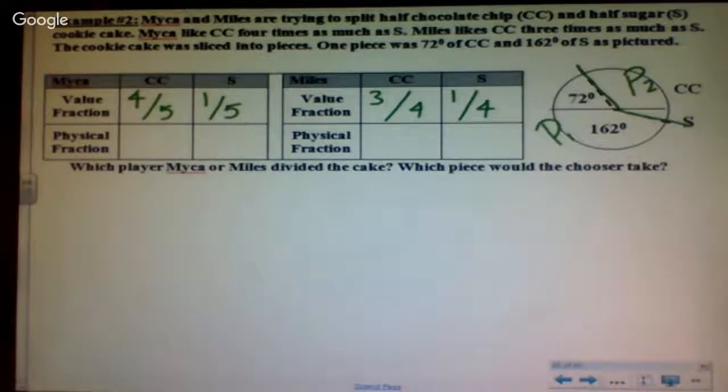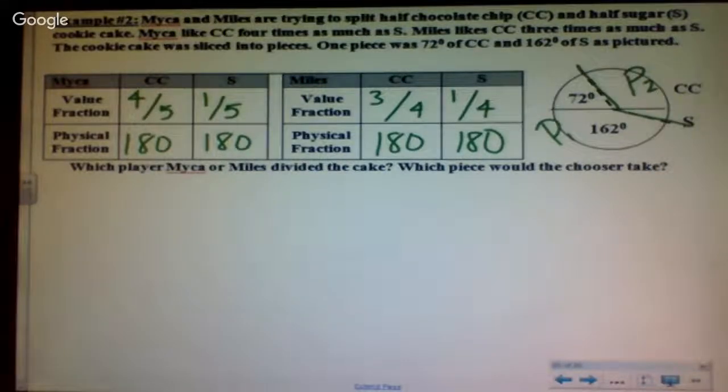Okay, I've got a whole round cookie cake, which means my physical fractions are out of what if I'm splitting it into 2 flavors? 180. Okay, let's find the value of these pieces according to both people.